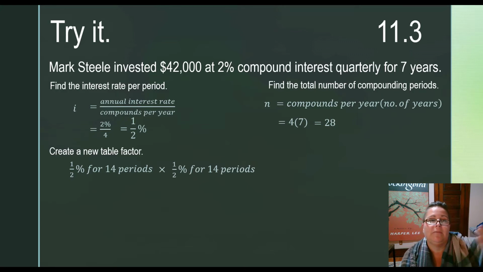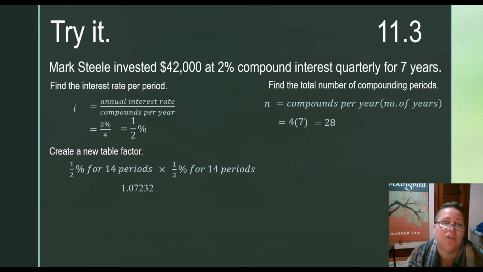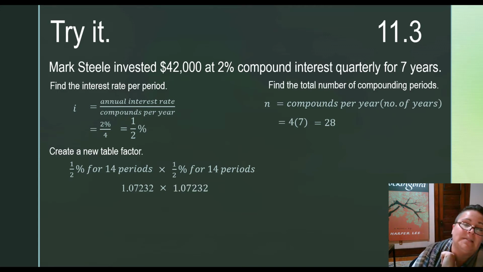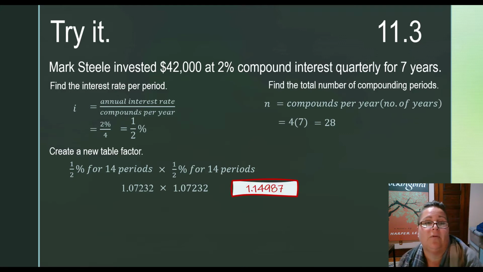The first 14 periods, there's 28 periods total. The first 14 I'm going to look up first. That's a table factor of 1.07232. And then I'm going to multiply that by the second 14 periods, which is 1.07232. This gives me a new table factor of 1.14987.